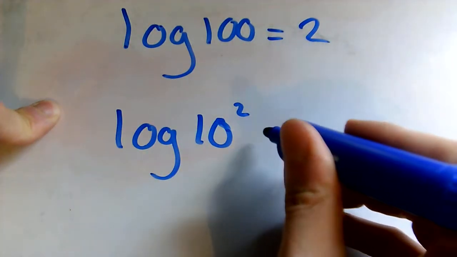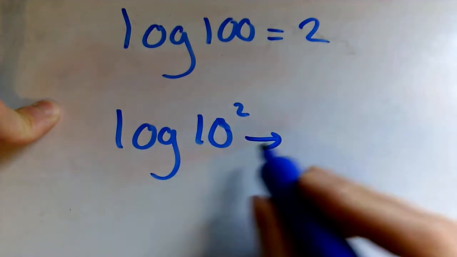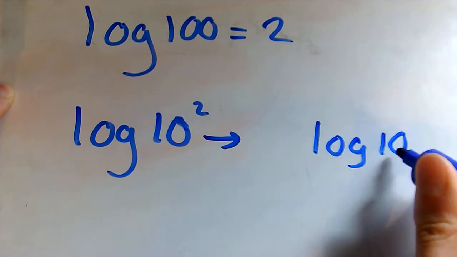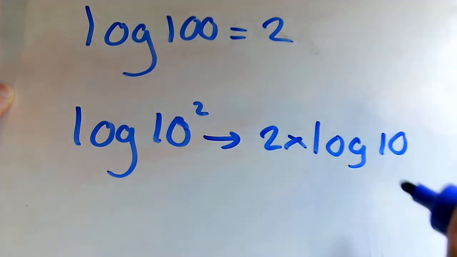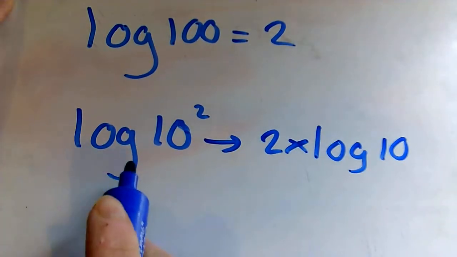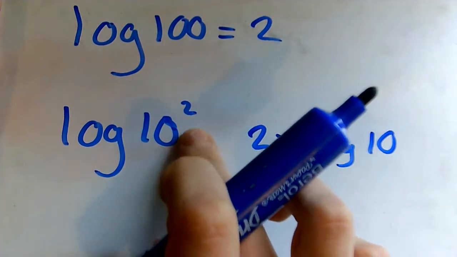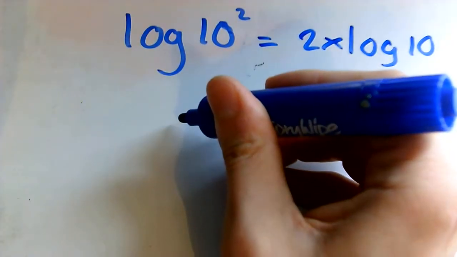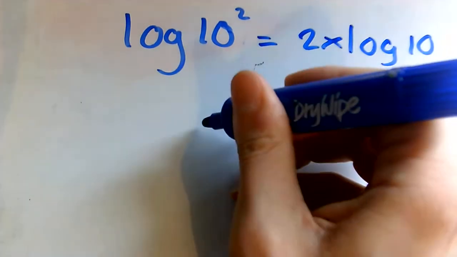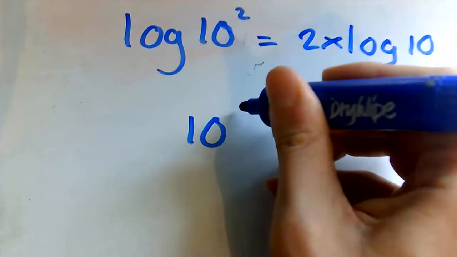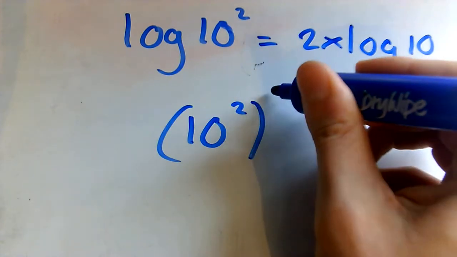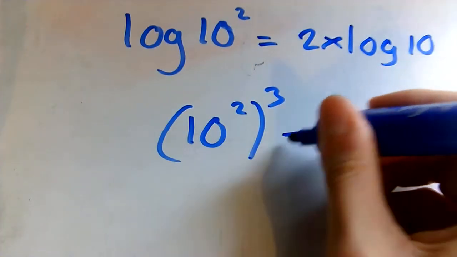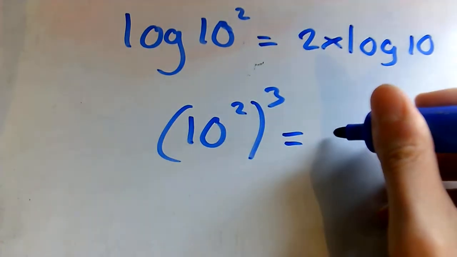So it's telling us that actually what we need to do here is take this log 10, which is 1, and multiply it by 2 to get the same value as that. So we can say this is true. And that comes from the rule that if you have a power like this, and a bracket, and then the whole thing is to a power, we know that we actually multiply those there.